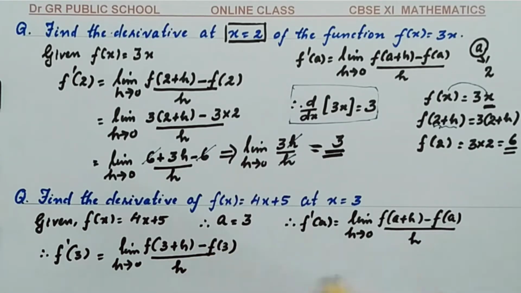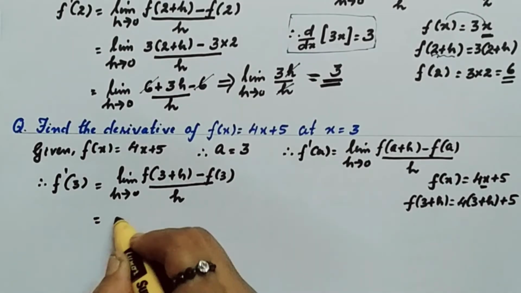Now we can see what is f of 3 plus h. f(x) is given as 4x plus 5. f of 3 plus h can be taken as replace the x with the 3 plus h. So 4 into 3 plus h plus 5. This I am going to substitute here.